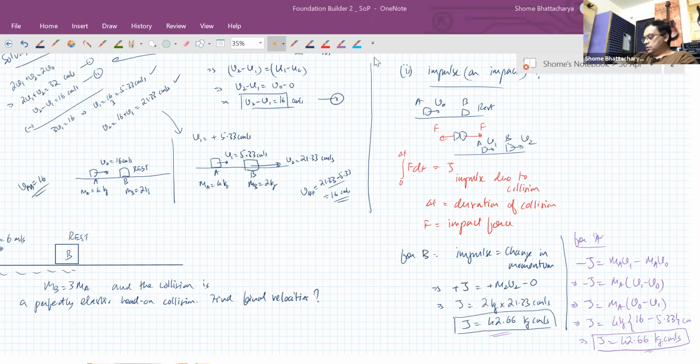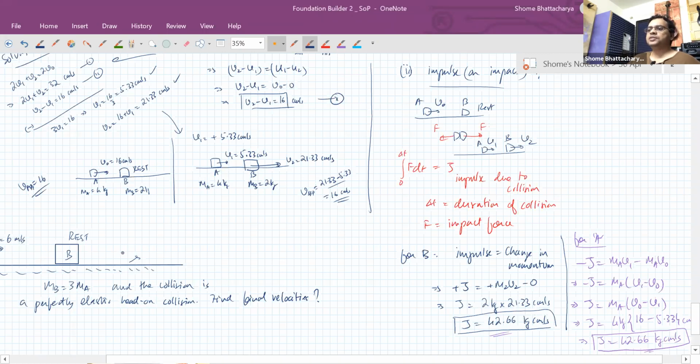Sir, are you neglecting the friction? Neglecting the friction in the sense that the surface we have assumed is frictionless. The floor is frictionless. Okay, so friction is not playing any role over here. But even if there had been friction, what would have happened? Friction would not have played a role during the impact, because the time of impact delta t is very short.